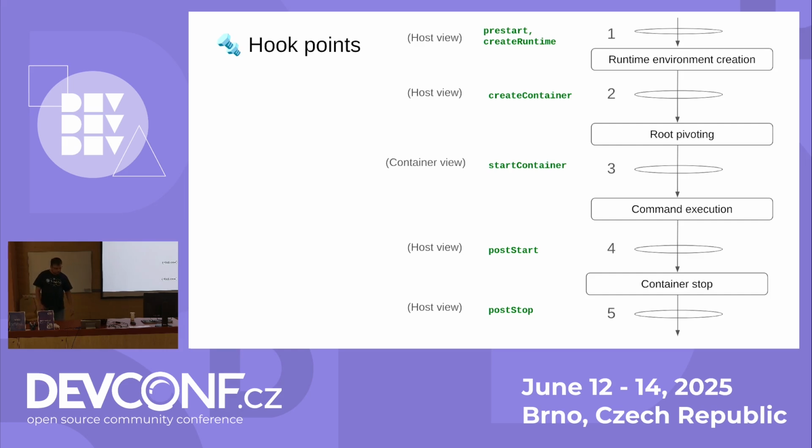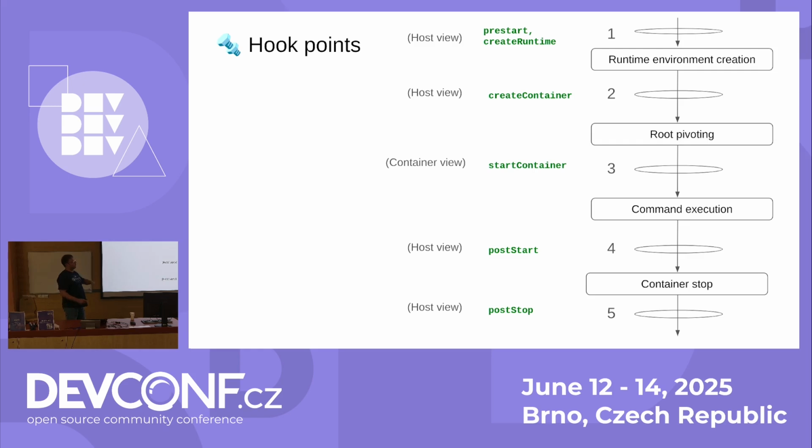Hooks have hooking points, and the hooking points are related to the container lifecycle inside the container runtime. So you have 4 stages and 5 types of hooks. You have the pre-start stage.